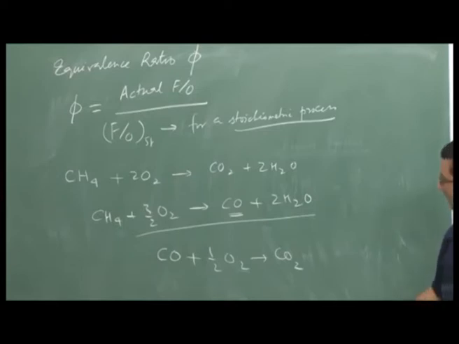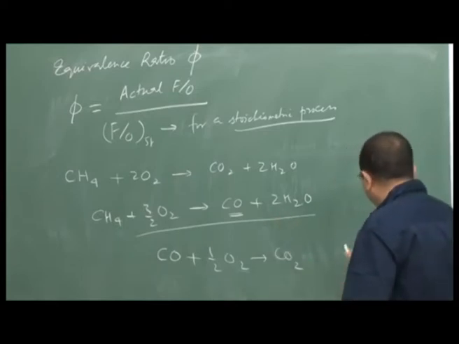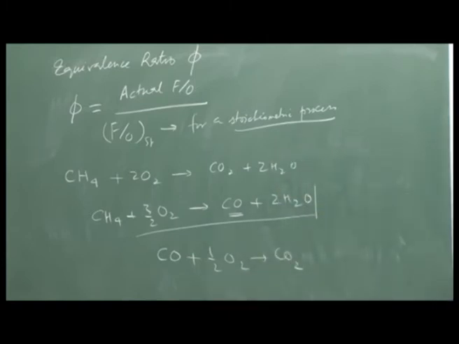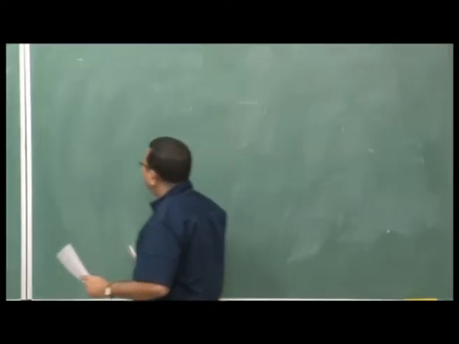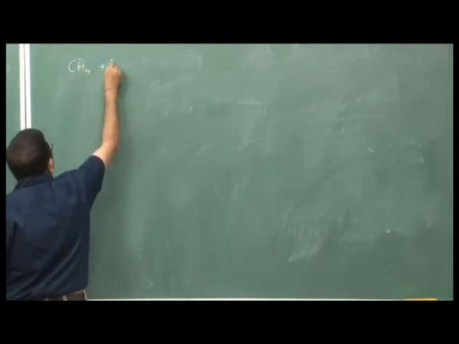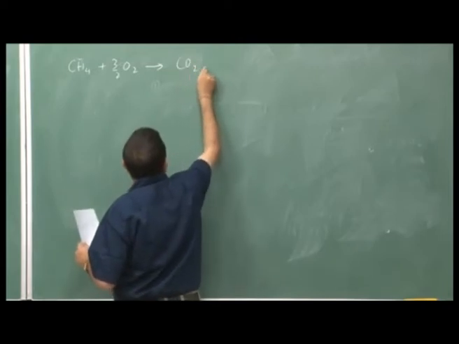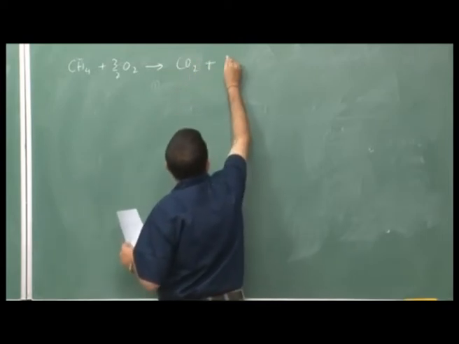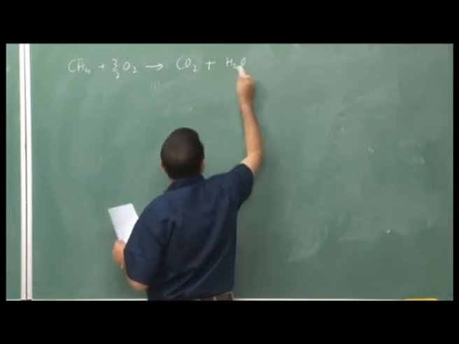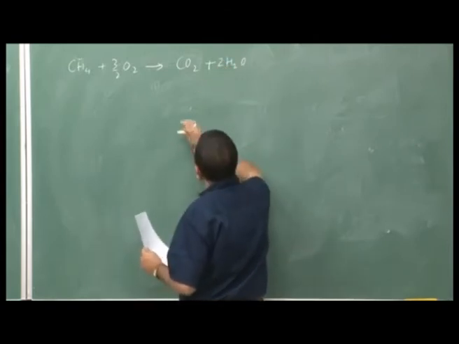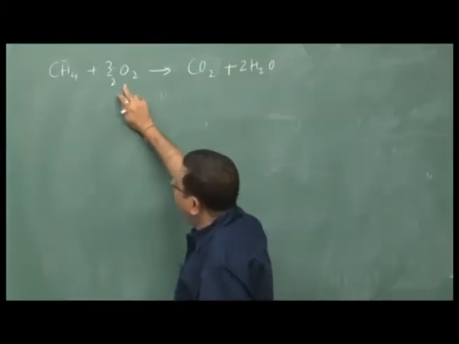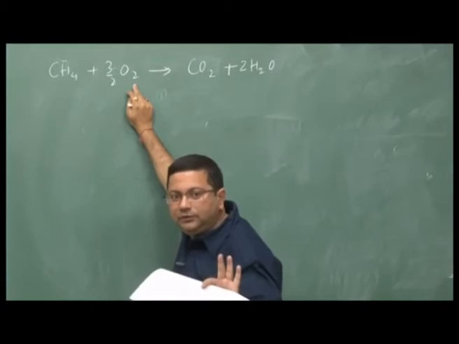So, now instead of writing it like this, if I say that all my species on the product side are going to be stable, in that case what happens? Let me just look at that. Once again I take CH4 plus 3 by 2 O2. Okay. I get CO2 plus 2H2O. Now, here I have 1.5 times 2, that is 3 atoms of oxygen.